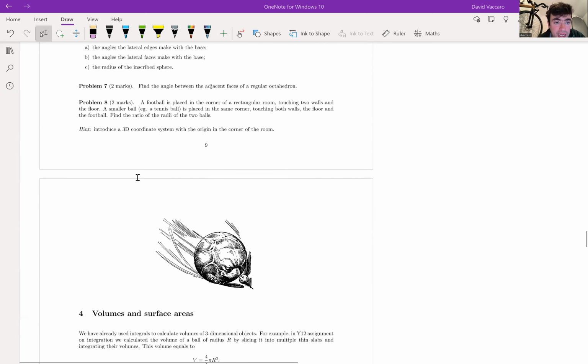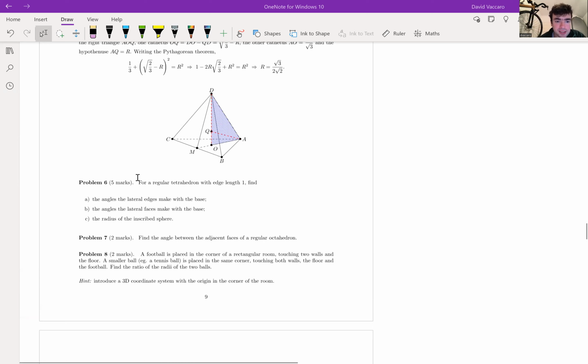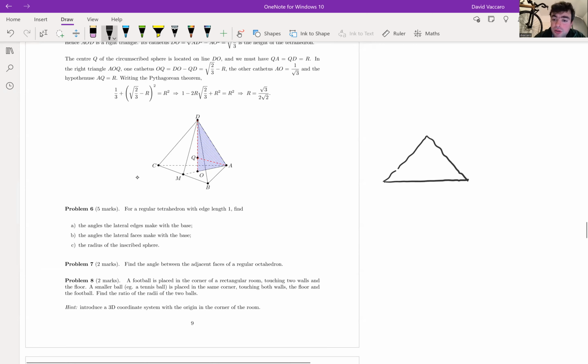Right, I'm going to look now at question number 6. It says, for a regular tetrahedron with edge length 1, find the angles the lateral edges make with the base. So let's consider our tetrahedron.